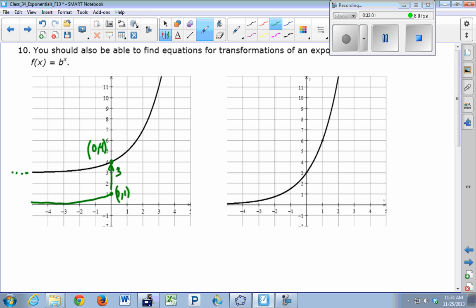Okay? So what could that be? What kind of transformation might that be? Vertical. So we know it's some kind of vertical transformation. And the question is, is it a shift up 3 units or a stretch? How do you know whether this is a stretch or a shift?